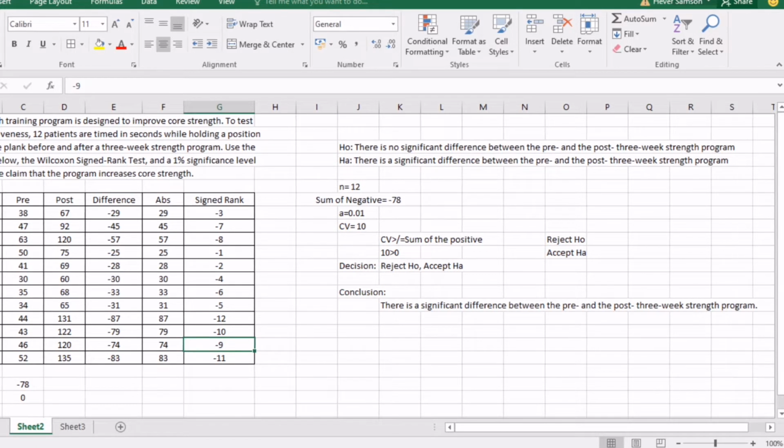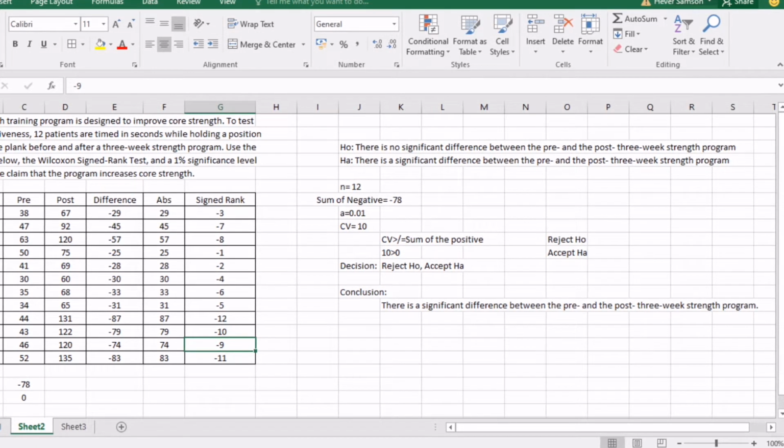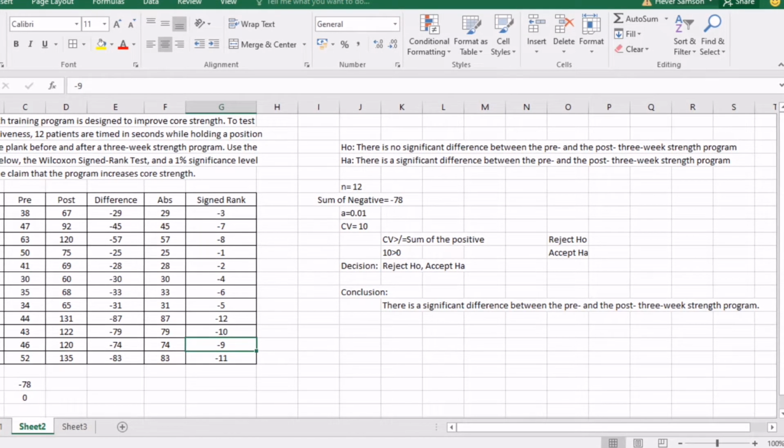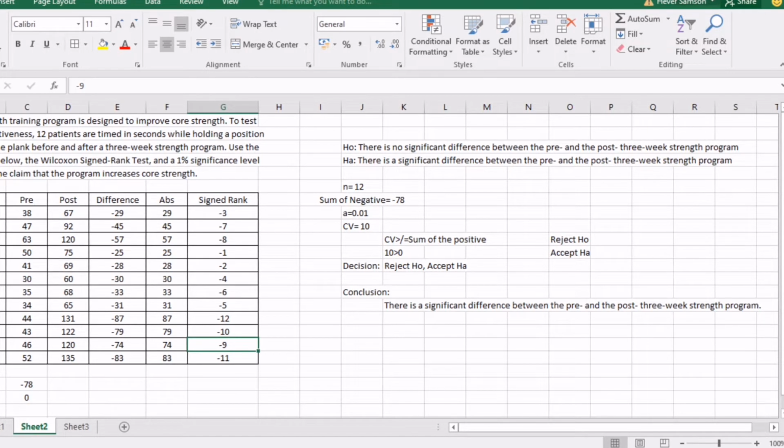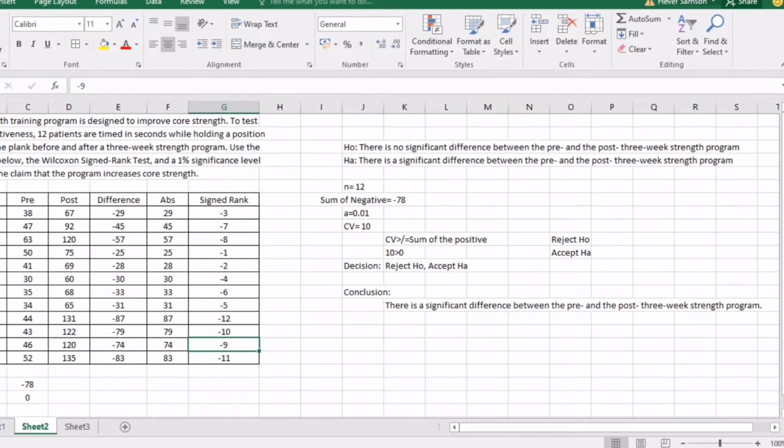Use the results below, the Wilcoxon signed rank test, and a 1% significance level to test the claim that the program increases core strength. In the problem, we are looking for the difference before the 3-week strength program and after this program.